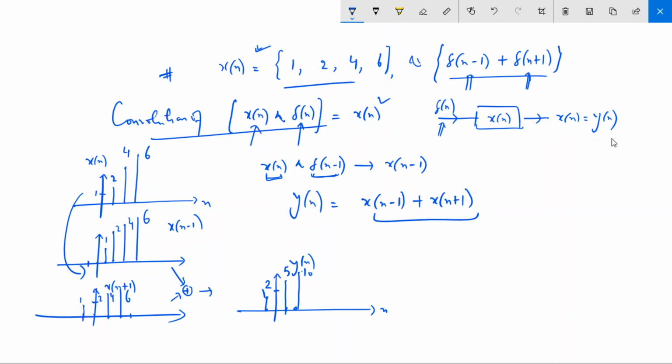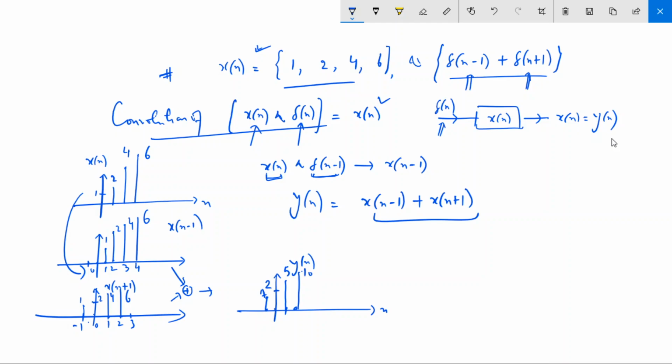sorry, -1 it is 0, it is 1, at -1 it is 1, at 0 this is -1 0 1 2 3, this is 0 1 2 3 and 4.